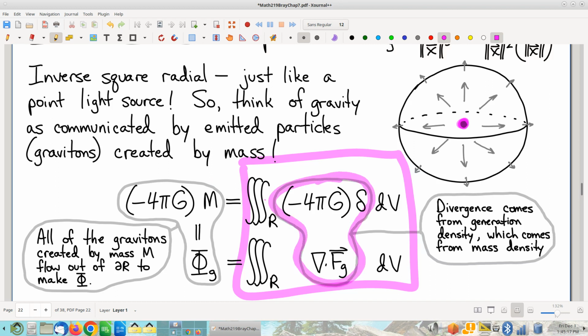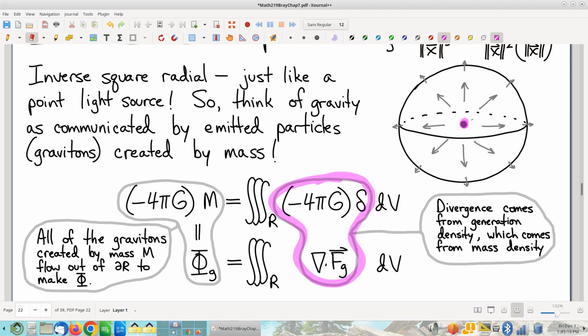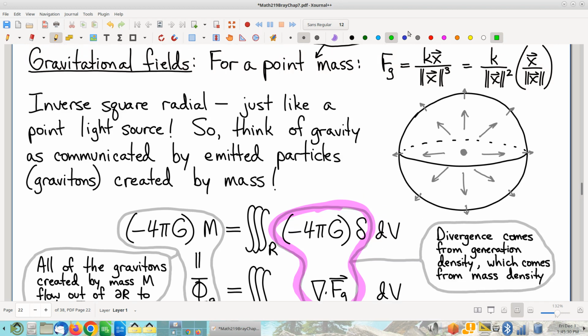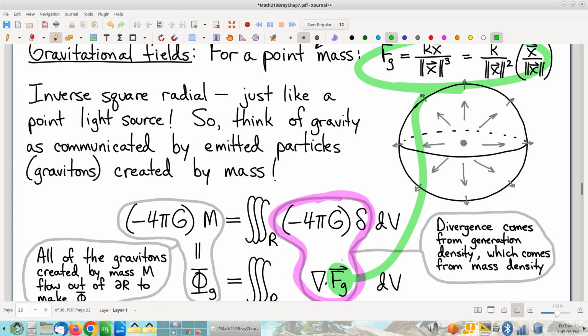And so we have actually effectively performed a tremendously difficult computation by just making a couple clever observations. In particular, we have taken this complicated vector field, which, by the way, of itself only describes what gravity looks like if you have a single point source of mass.